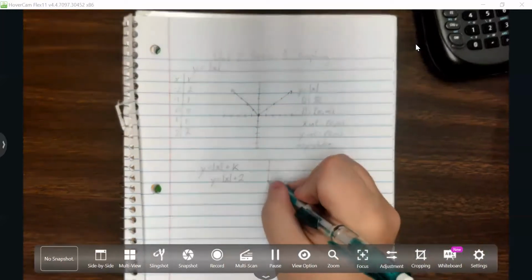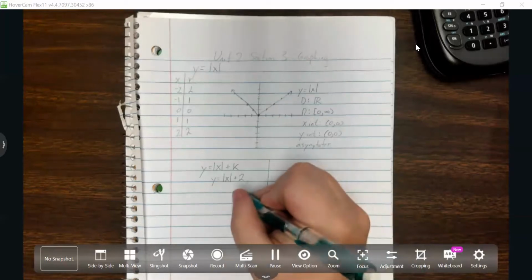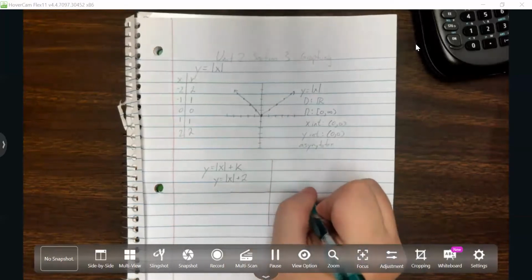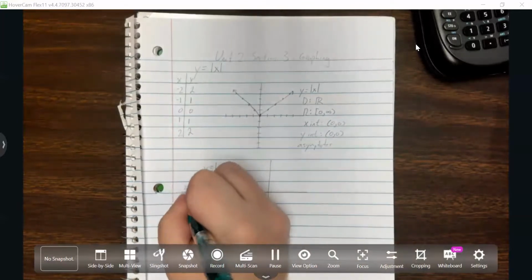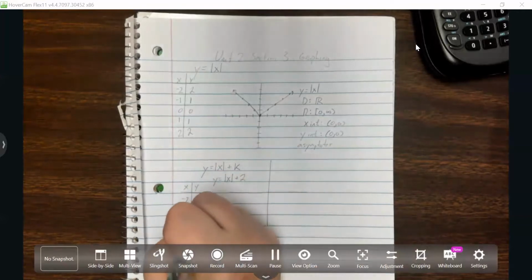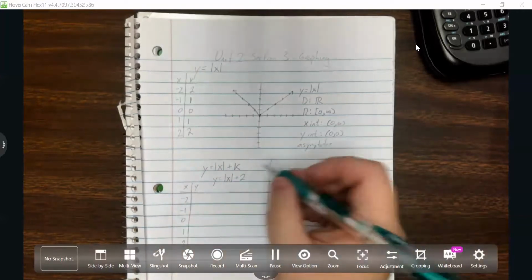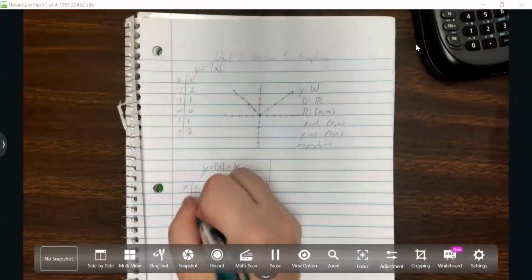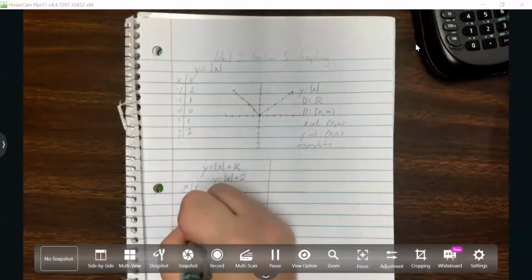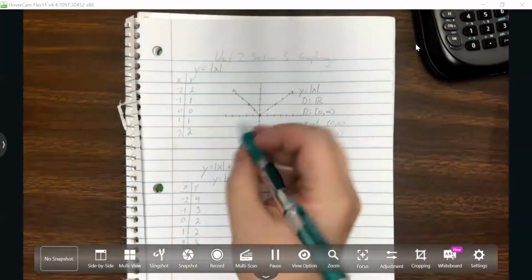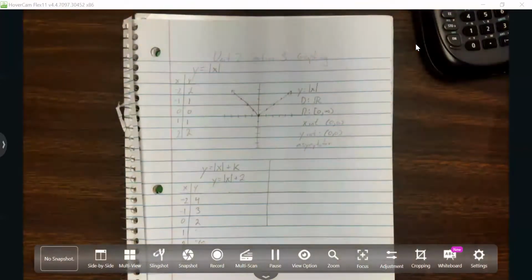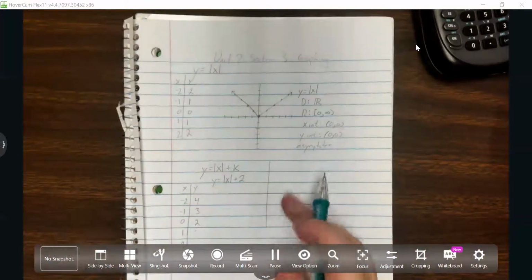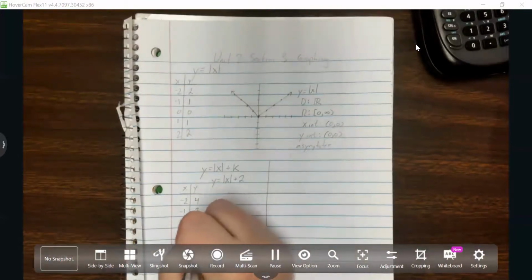Well, if I were to go through and plot all those points again, we'd see something very specific. So if I make my XY table and I use those same basic points, y equals absolute value of x plus 2 would become 4, 3, 2, 3, 4.